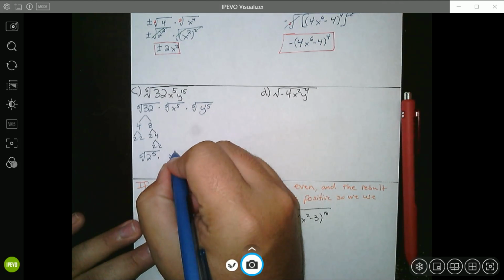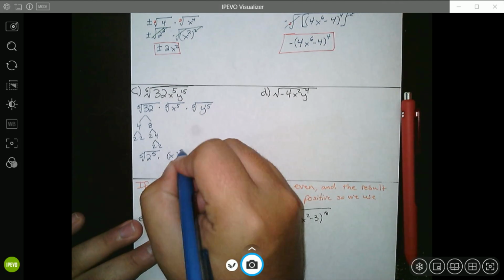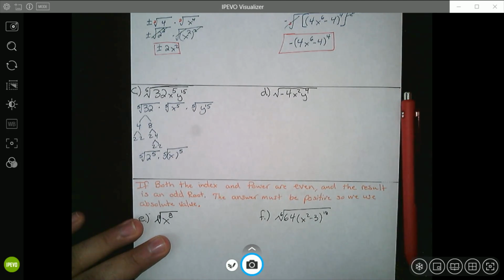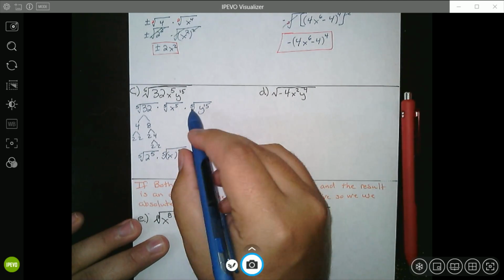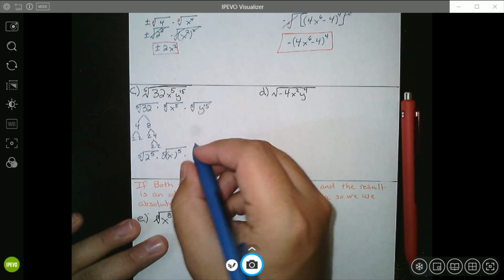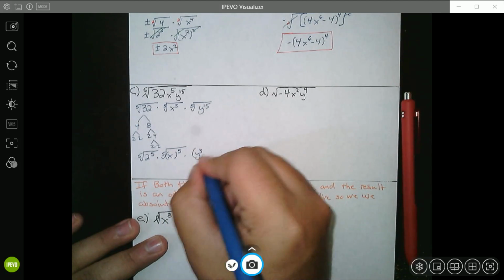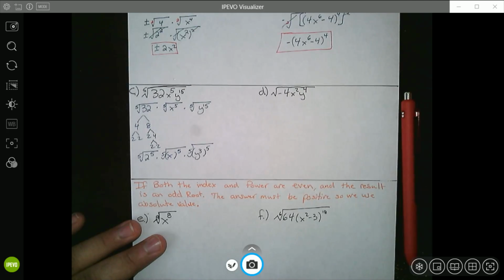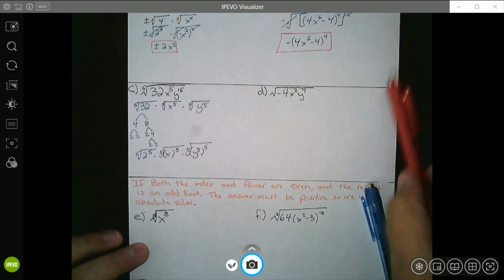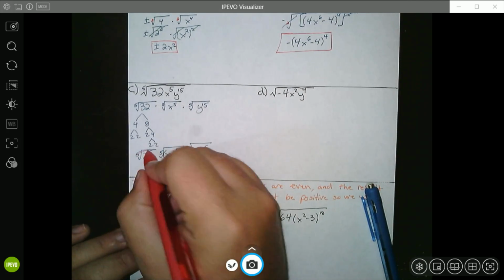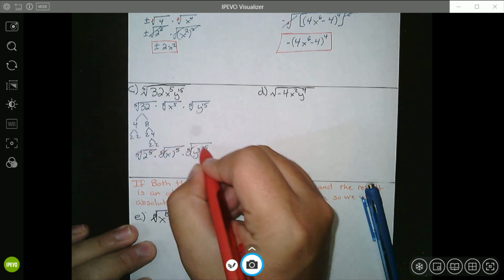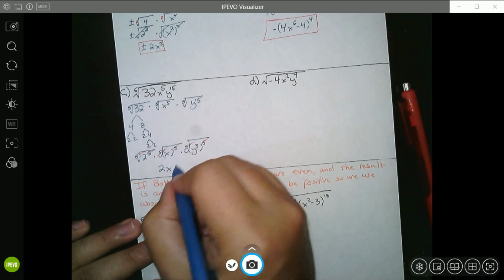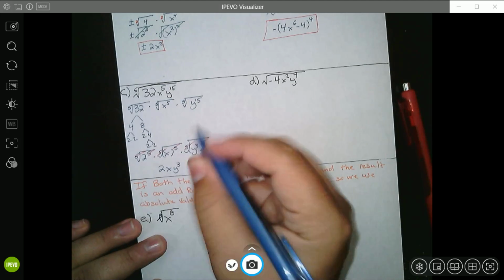So x all to the fifth root, fifth power, and then times 15 divided by 5 gives us y cubed to the fifth power. We're taking the fifth root. So once we've done all that, we know all our index cancels out with our powers. So we're left with 2x y cubed.